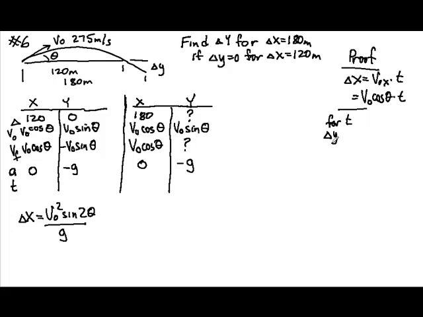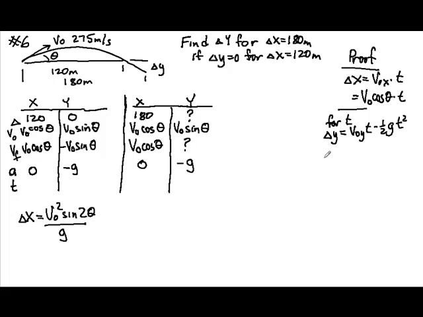I do know that delta y is equal to v naught in the y direction times t minus 1/2 g t squared. Let's fill in the values we know.